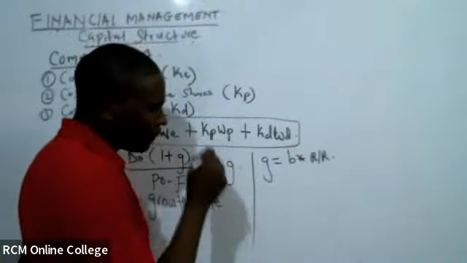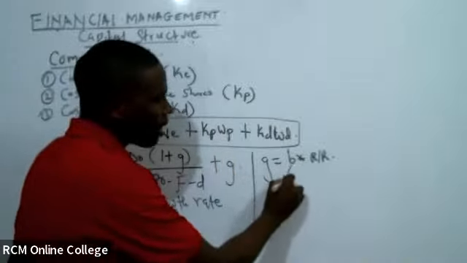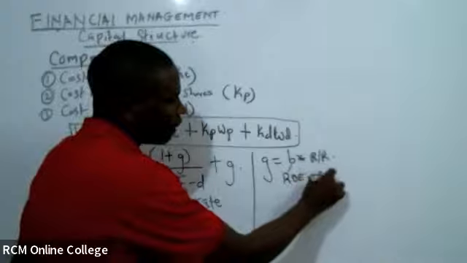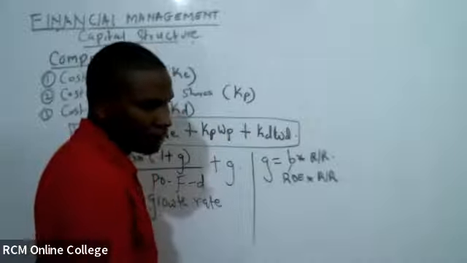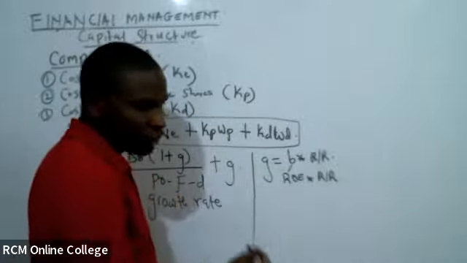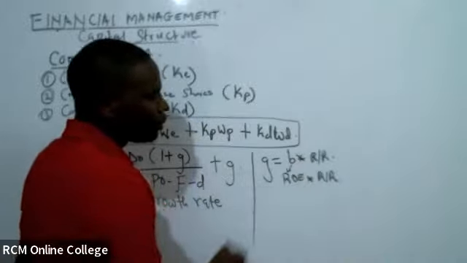You see, B times retention ratio. How do we get B? Remember, B is our return on equity. And then there is the retention ratio. So in that instance, you are going to get your growth.